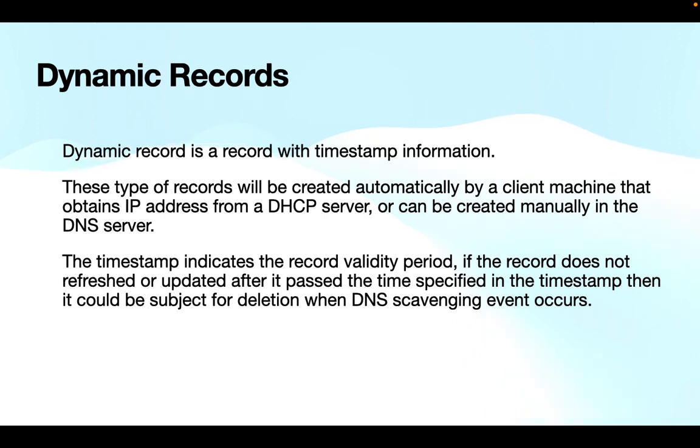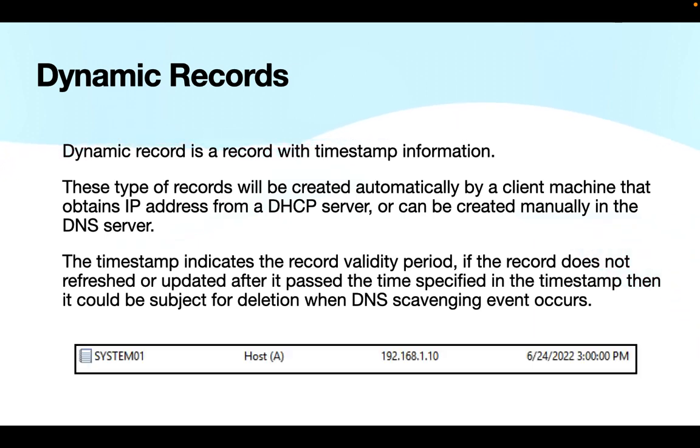Okay, let's jump to the topic. As I said, dynamically registered records will have a timestamp. Here you can see at the bottom, this system 01 has an IP address with a timestamp.